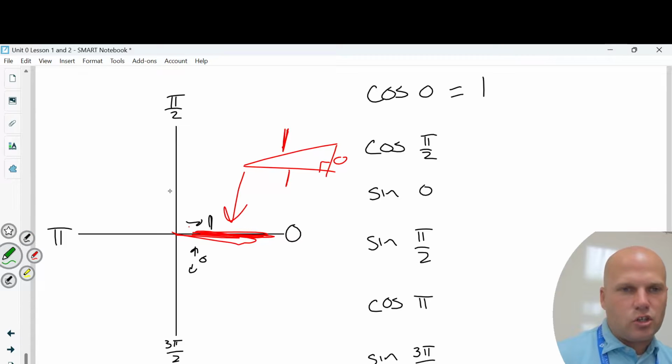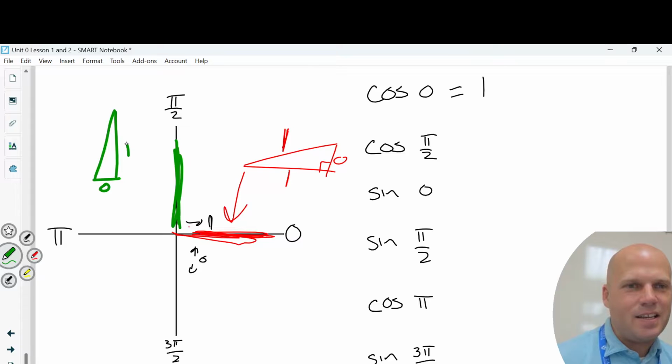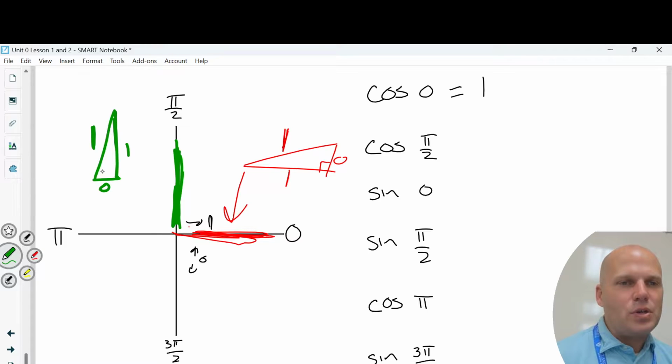Well, Mr. Messer, I don't see a triangle at pi over 2 either. I kind of do. It might not be something that you like to see, but the hypotenuse is always 1. And I'm just going to say the vertical length is 1, but the horizontal length is 0. So you could see the triangle, the cosine, the sine, the tangent.